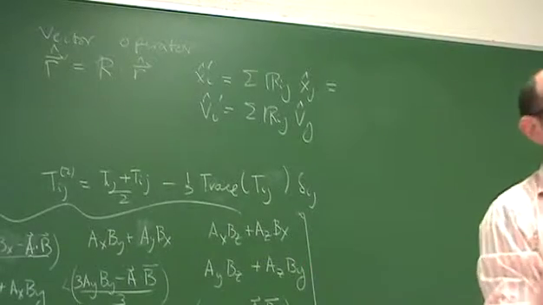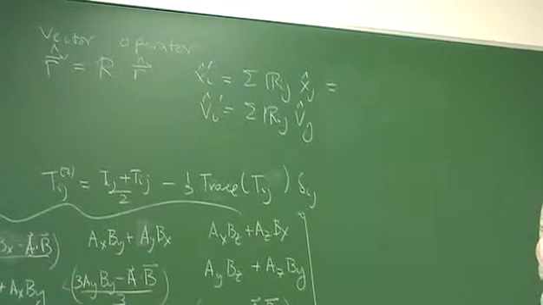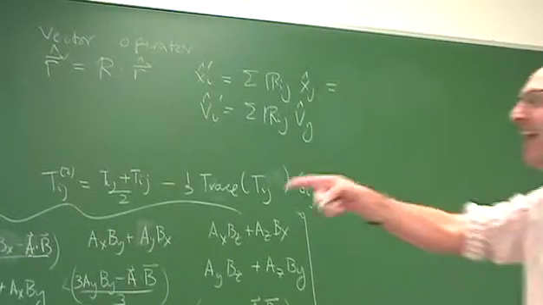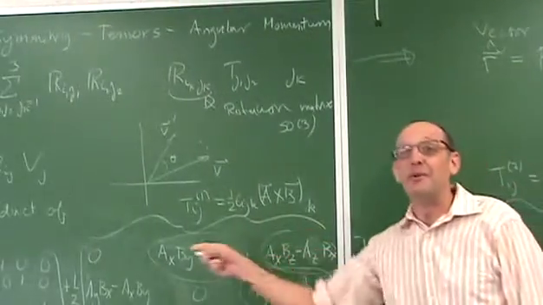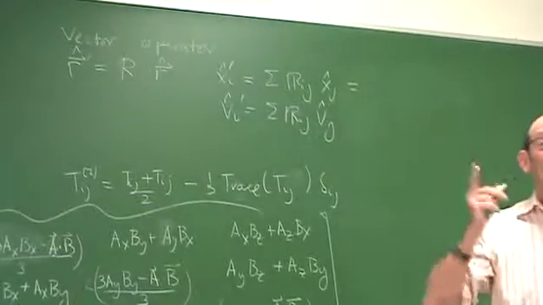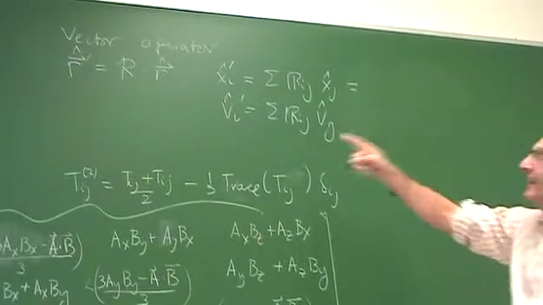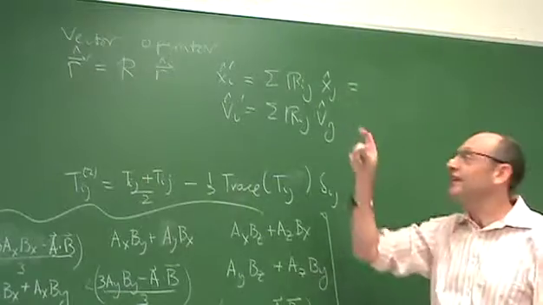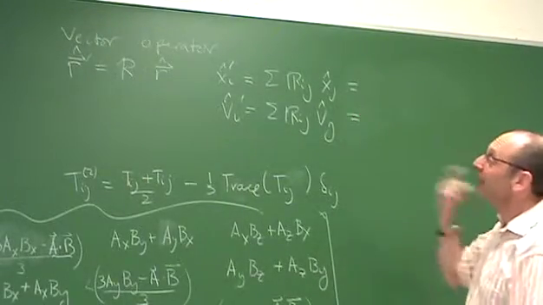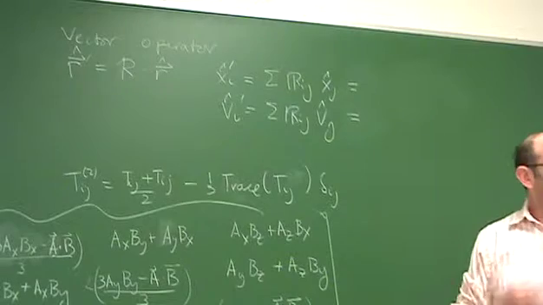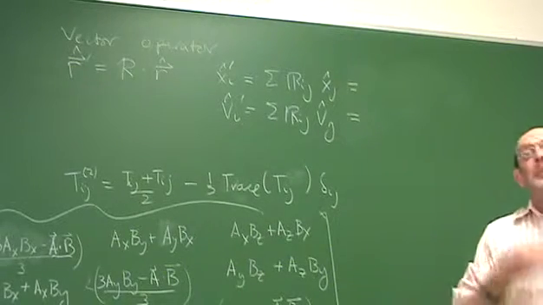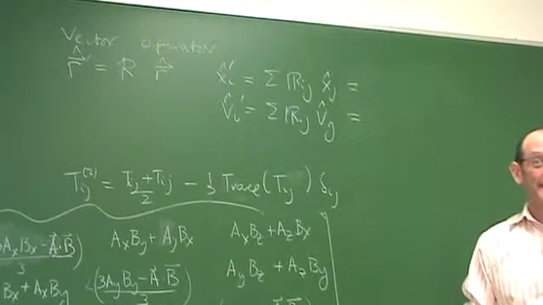But x, y, and z are not numbers anymore. They're operators, which means they're matrices themselves in the representation of Hilbert space. Whereas here, these coordinates were numbers. So now these themselves are matrices. And the way in which we do a rotation in quantum mechanics is through the rotation operator, which acts on Hilbert space.